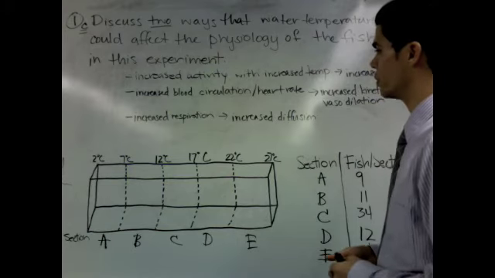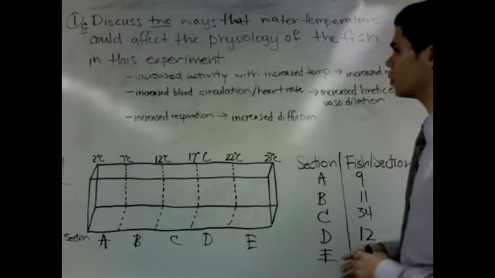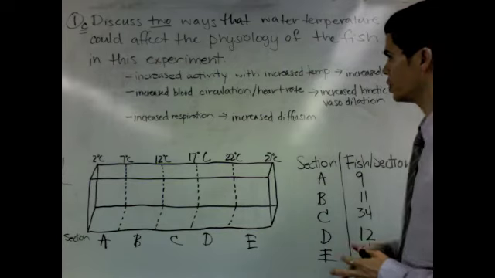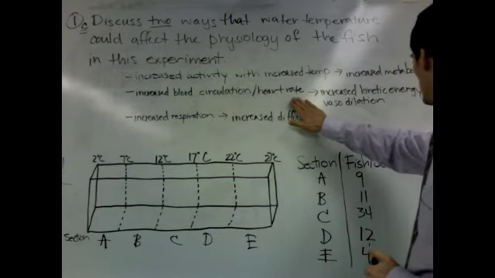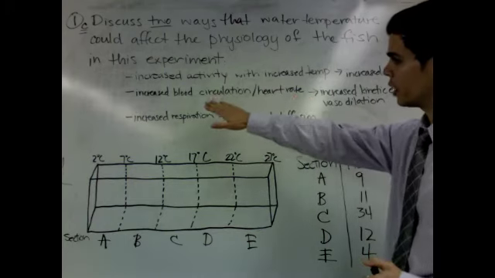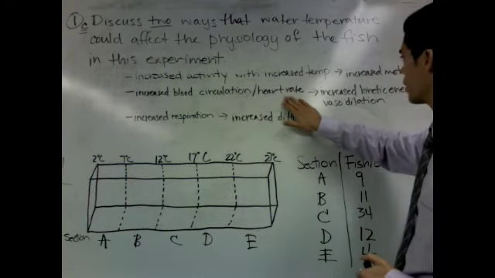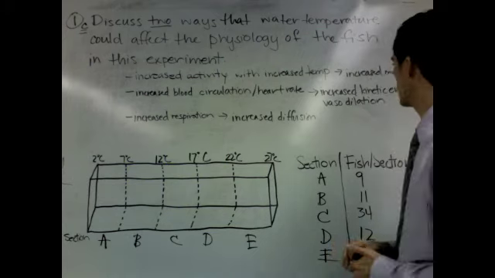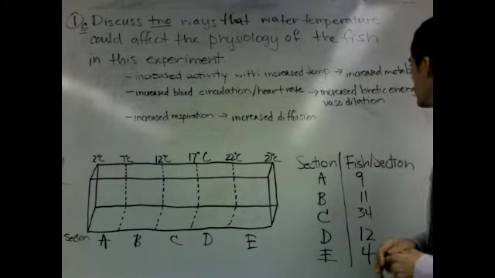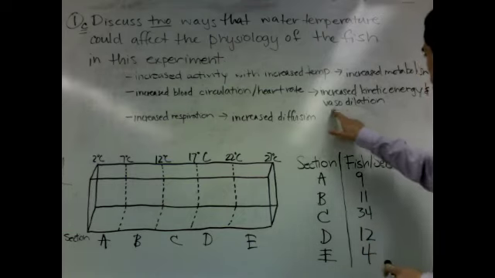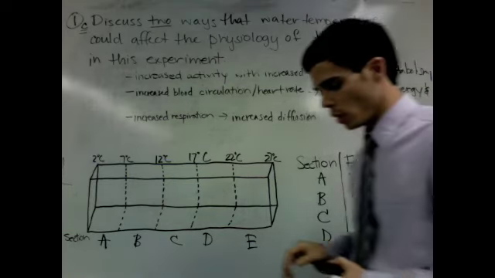Another physiological effect we see in cold-blooded animals due to temperature is circulation of blood and also the heart rate. So there's an increase in the blood circulation and heart rate when the temperature increases, because of an increase in the kinetic energy, the movement of the molecules, as well as vasodilation.